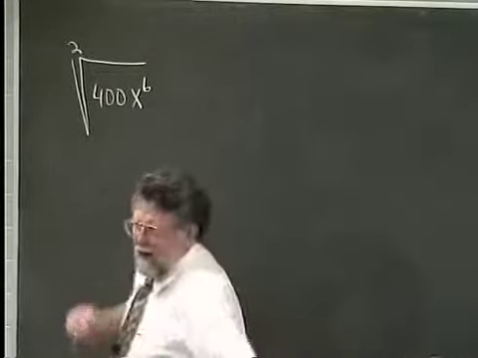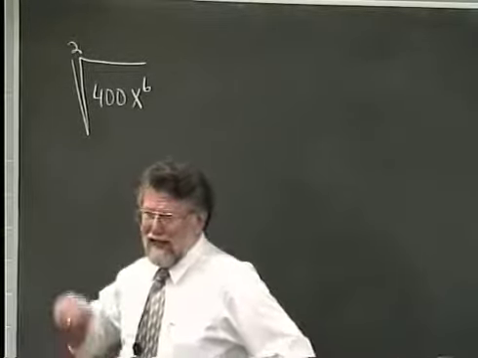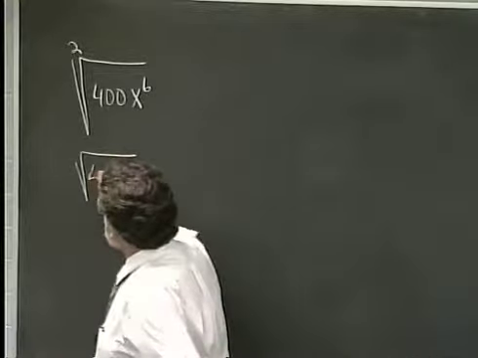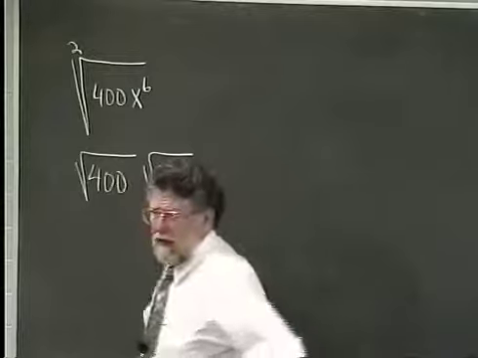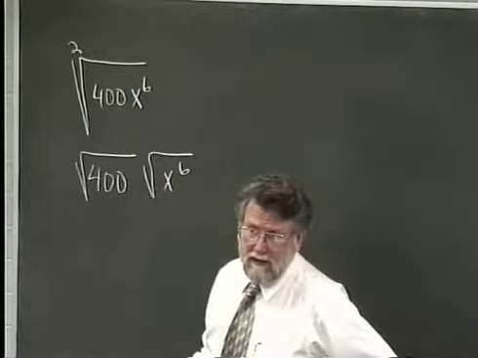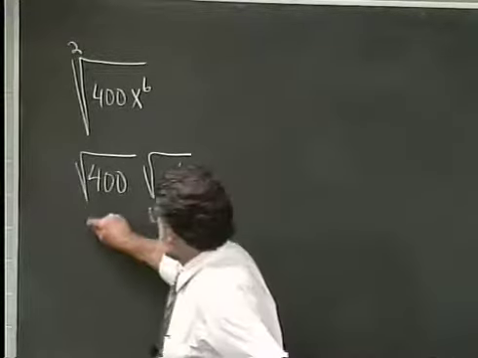Now, a lot of ways you can see this problem. One is just write the answer directly. But if that's not something you see, then the question is, what else can you do? You certainly can do this. The square root of 400 is 20. Perfect square. So you can pull out the 20.